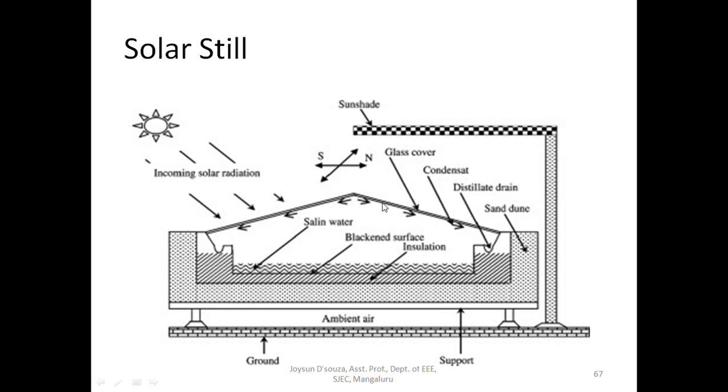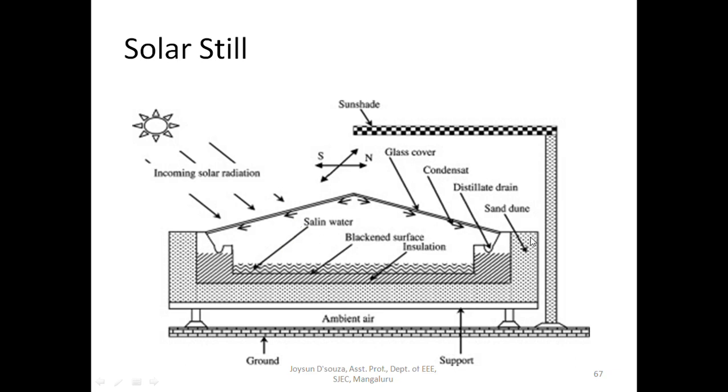The water vapor gets converted to water and comes to the distillate drain. Another pipe collects that water, and the water you get doesn't have any salt content. It's pure drinking water. The rest of the water vapor will again come over here, and this process will take place.